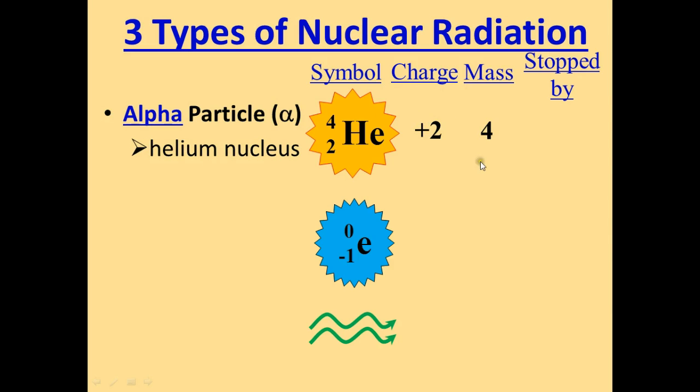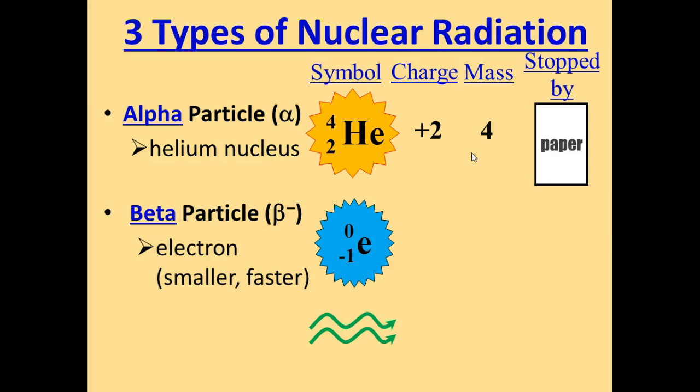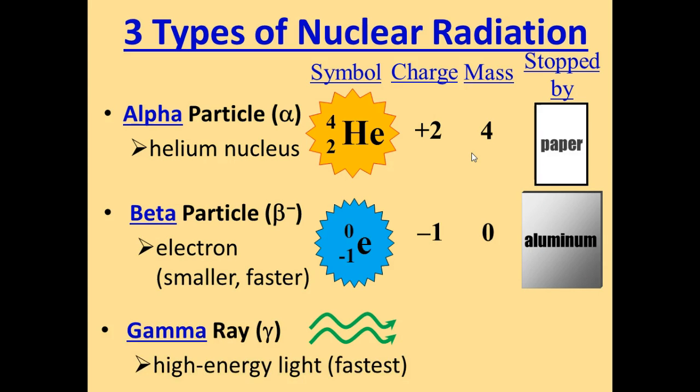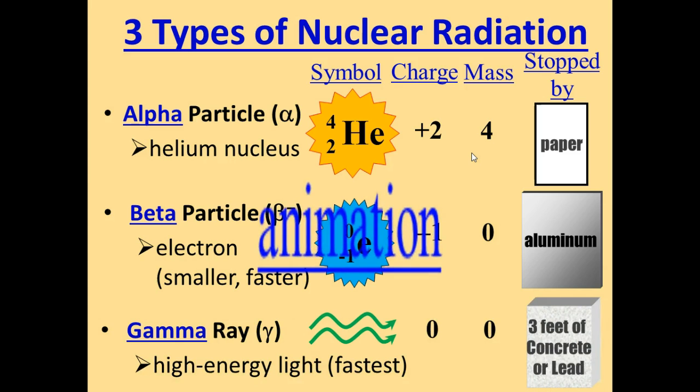Their mass is 4, and they're stopped by paper. Beta particles are just one electron, with a charge of -1, and they weigh nothing, and they're stopped by aluminum. And gamma rays are just energy, so they have no charge or mass, and they're stopped by 3 feet of lead or concrete.